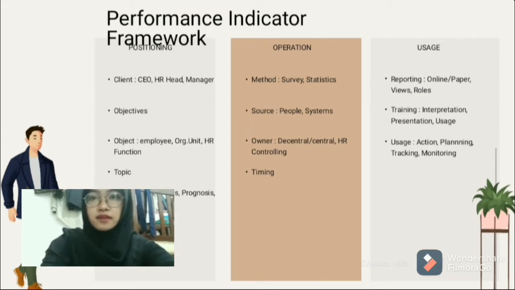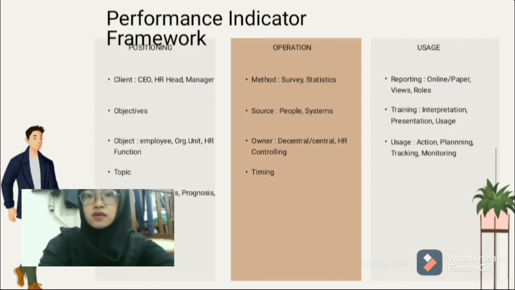And then the operation consists of the method that we can use, surveys or statistics, and the source that we can get from people and systems, and the owners are decentral or central, and HR controlling. Then timing is really the most important one in operation.